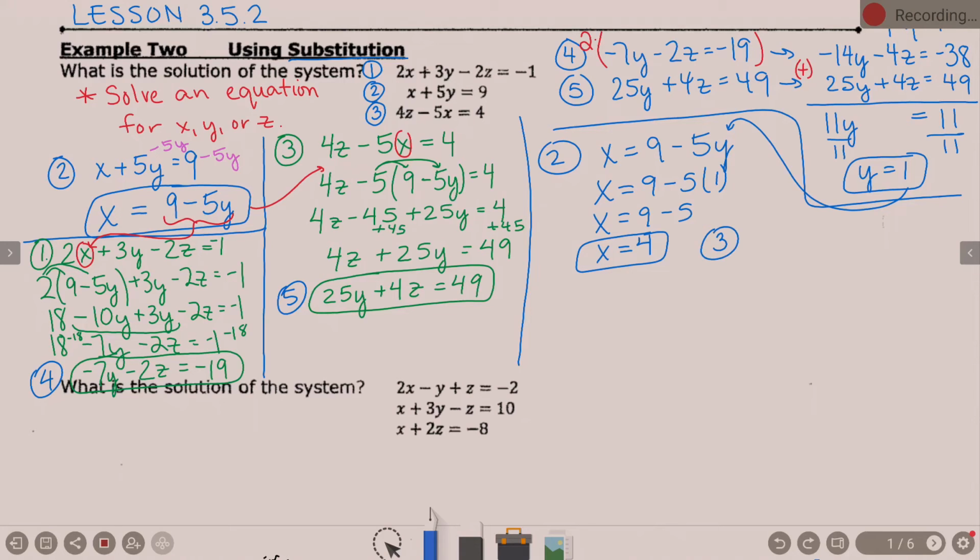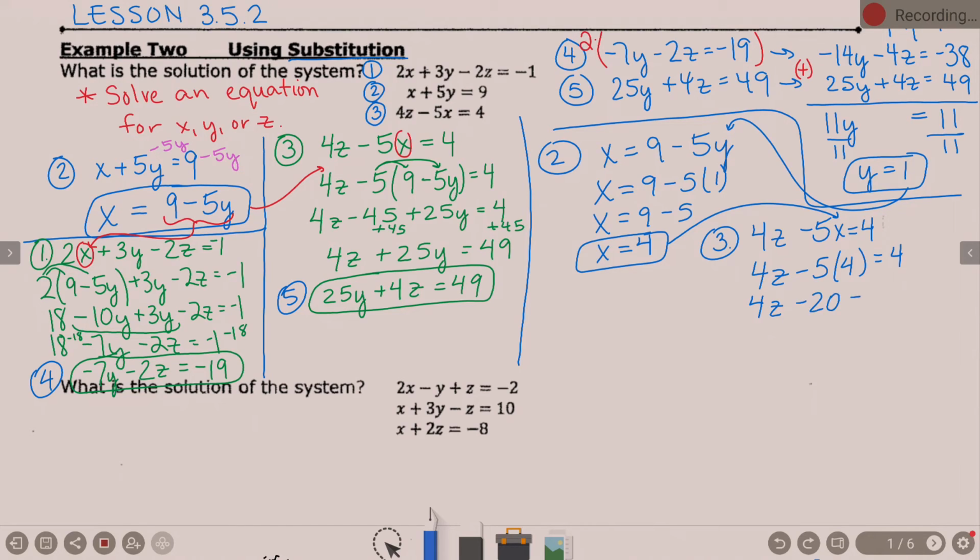Oh, okay, well, 4 times 5 is negative 20. I'm going to use equation 3, which says 4z minus 5x equals 4. So 4z minus 5 times 4 equals 4. 5 times 4 is 20.